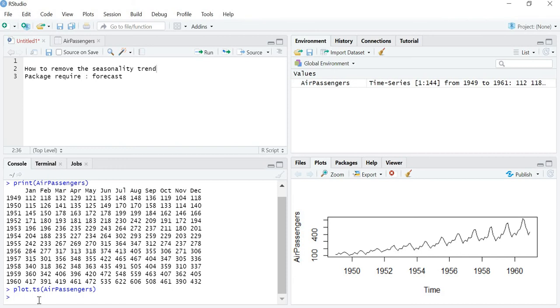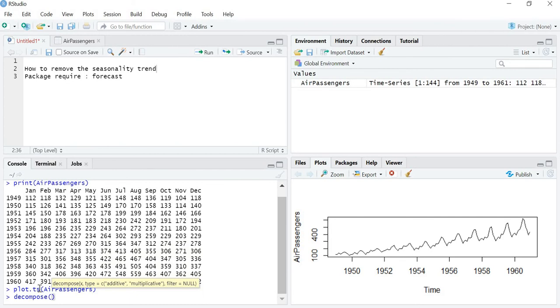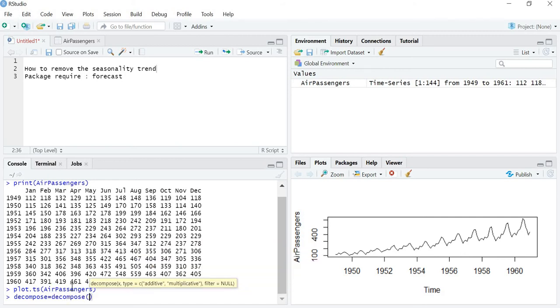For that we have to decompose the series. So I am storing the command in a vector decompose. Let's decompose the series. I am writing decompose equals decompose, and I have to decompose AirPassengers.